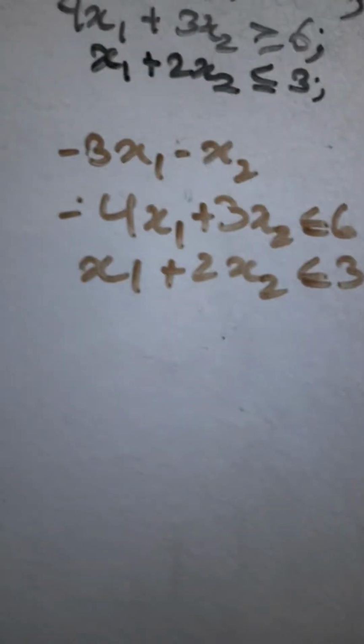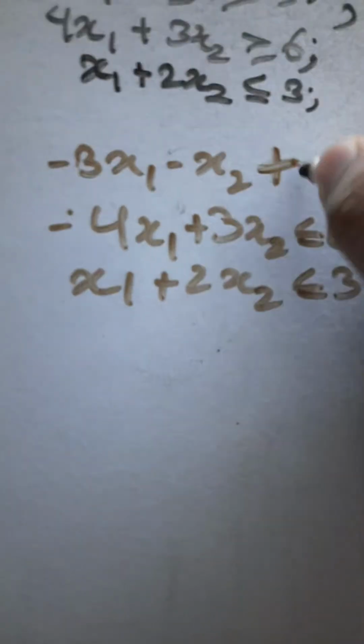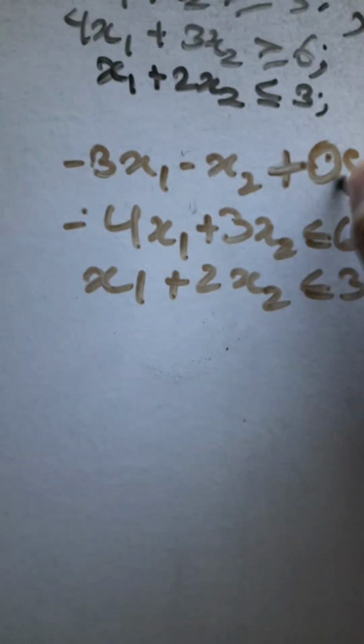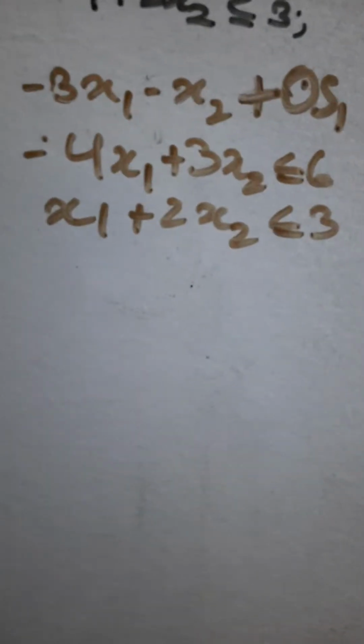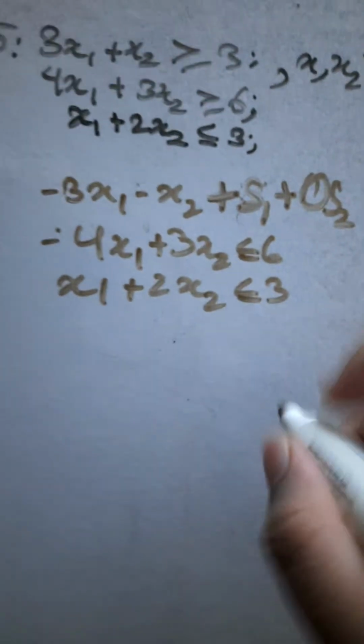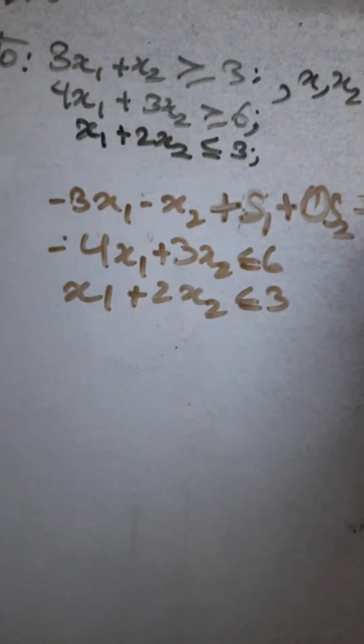The first one gets slack variable s1: minus 3x1 minus x2 plus s1 plus 0 s2 is equal to 3.